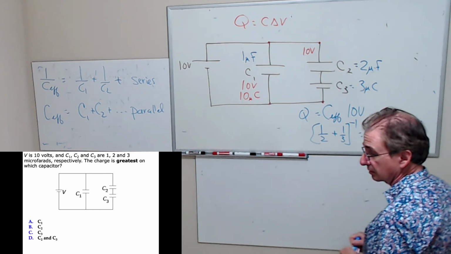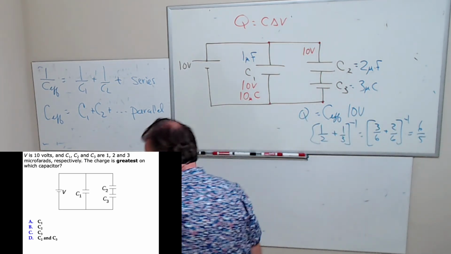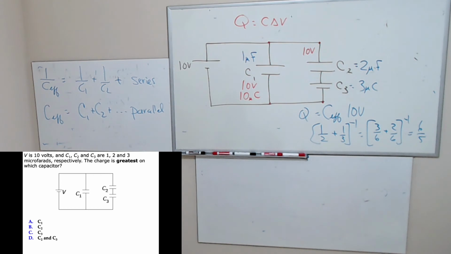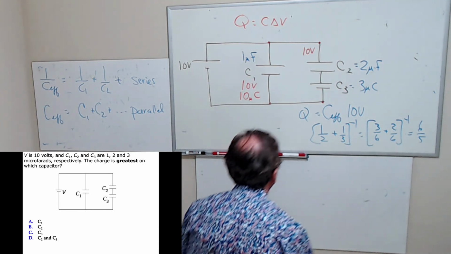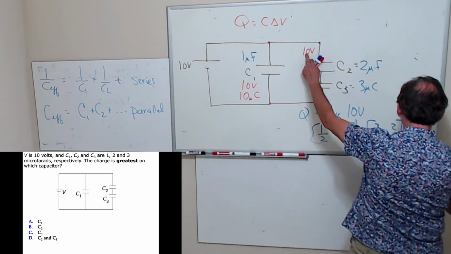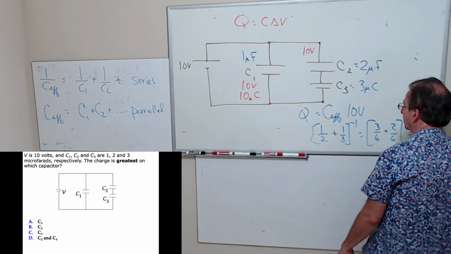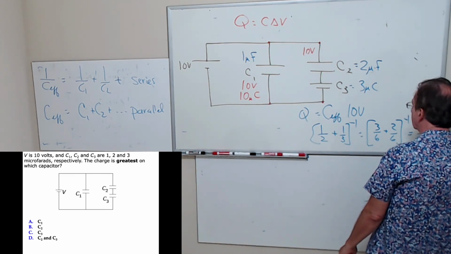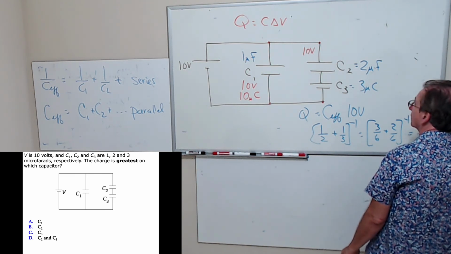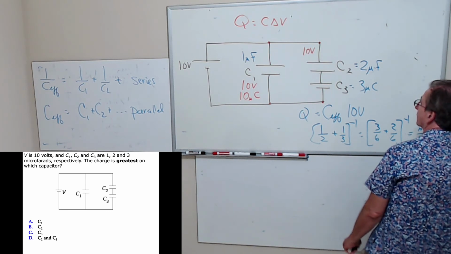Does that make sense? Does anybody have another way to look at it or anything? Of course, now you know Q, because the Q on each one of these is going to be 10 volts times 6/5 microfarads. Sorry, not 10 volts.